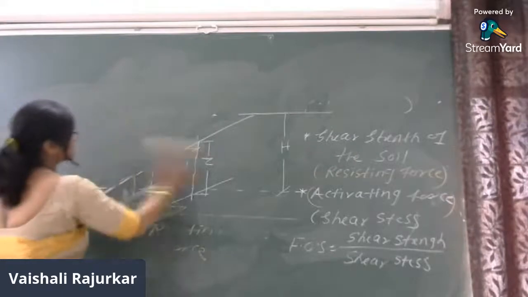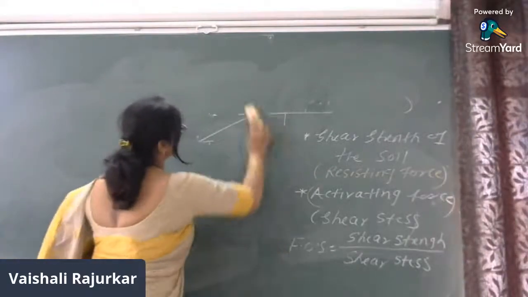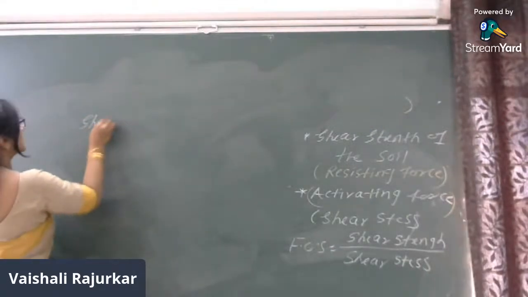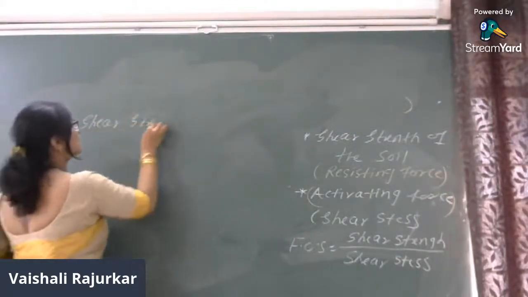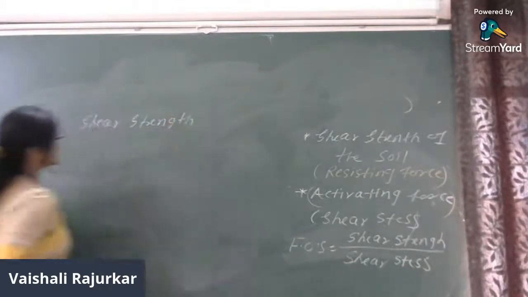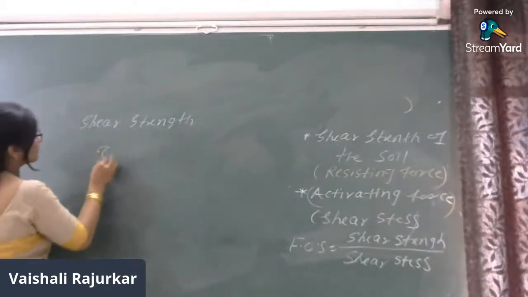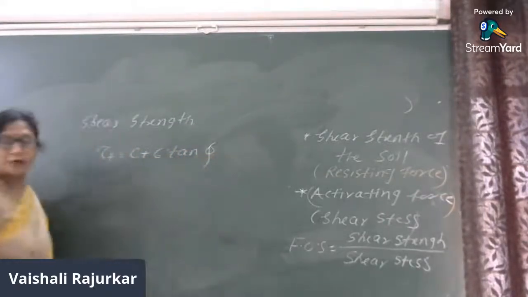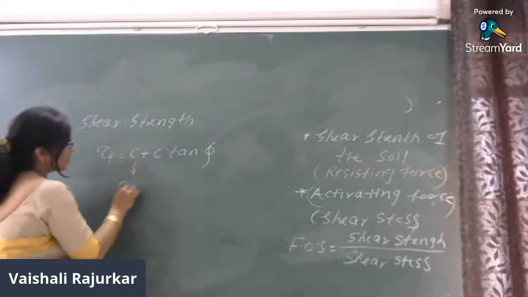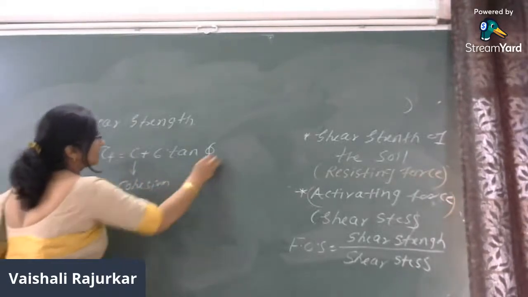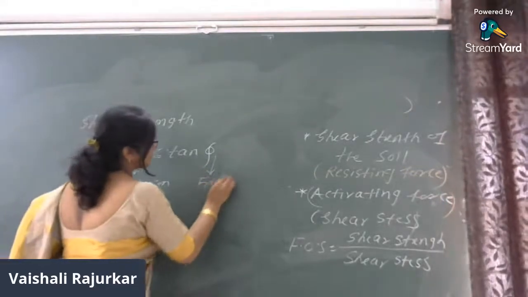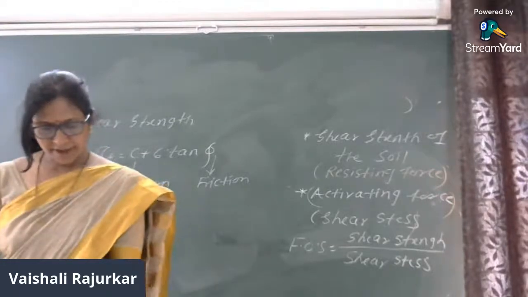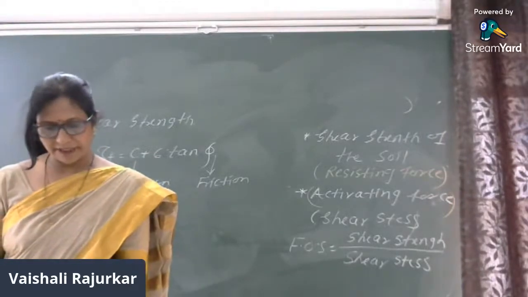The shear strength is tau F equals C plus sigma tan phi. What is C? C stands for cohesion and phi stands for friction. So here we will assume this is the equation for the stability of the slope.